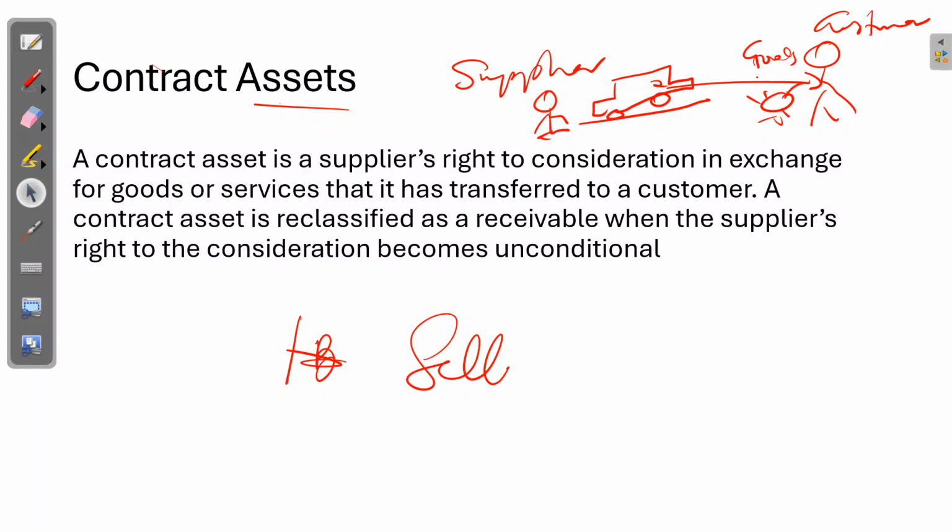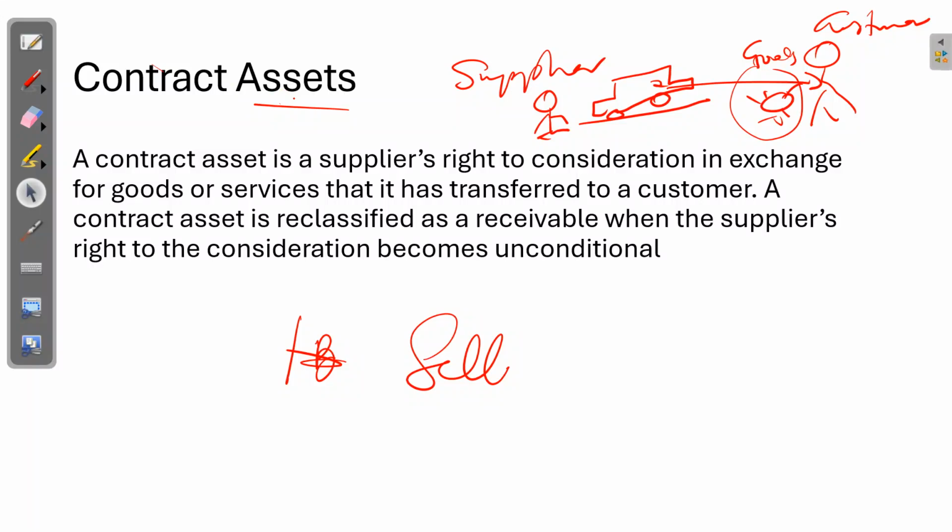Now how are we going to account? How will the supplier account for the goods that the customer has received, when the customer has not paid and the agreement has not been finalized? This is what we call contract assets.